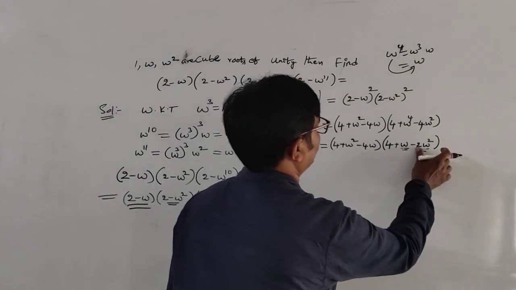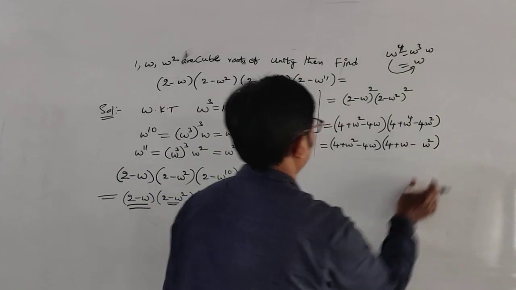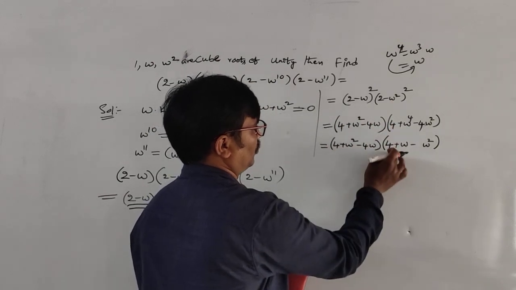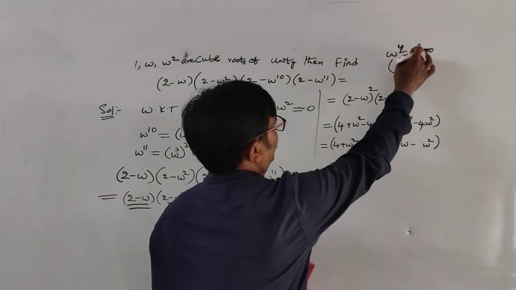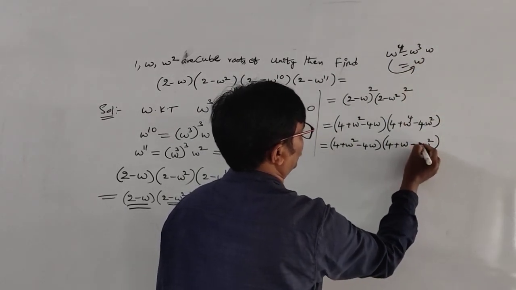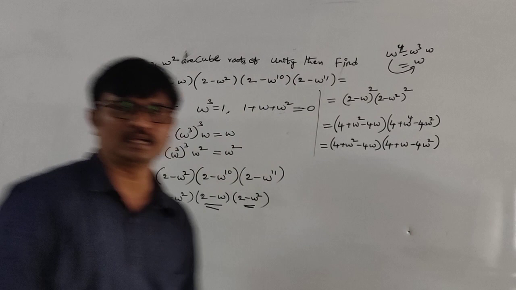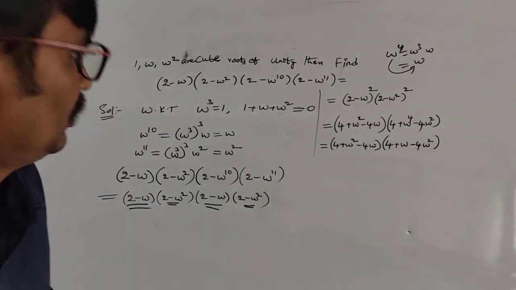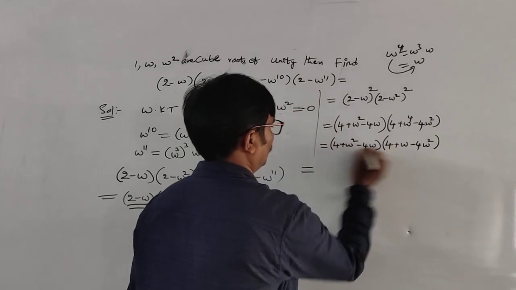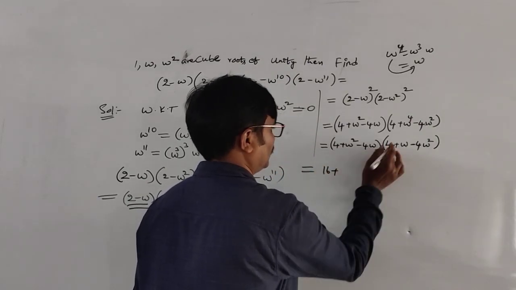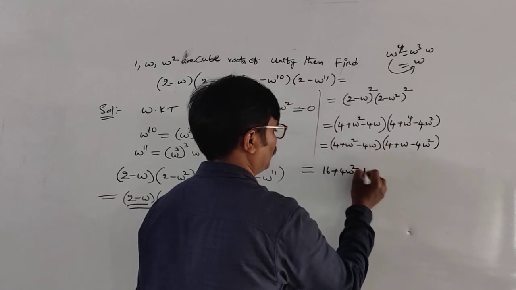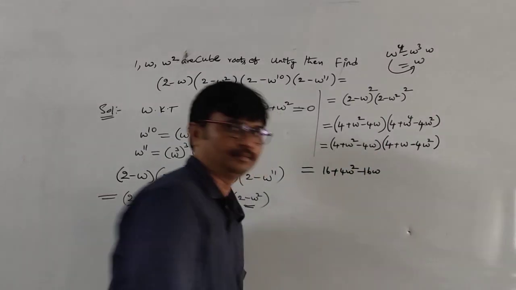After that students, 4 plus omega square minus 4 omega, 4 plus omega power 4 is omega cube into omega, this is omega, minus 4 omega square. Now students, first we have to multiply with 4: 4 into 4 is 16, 4 into omega square, 4 omega square, 4 into 4 is 16 omega.